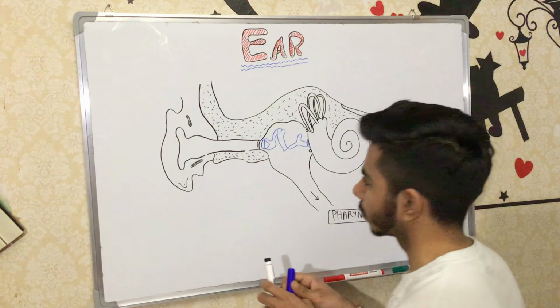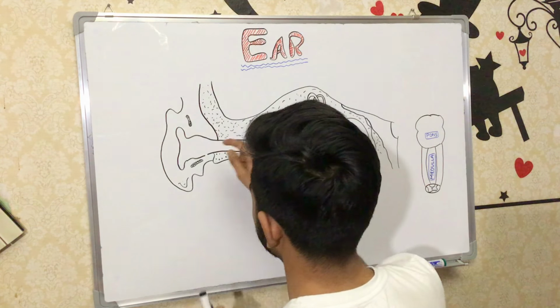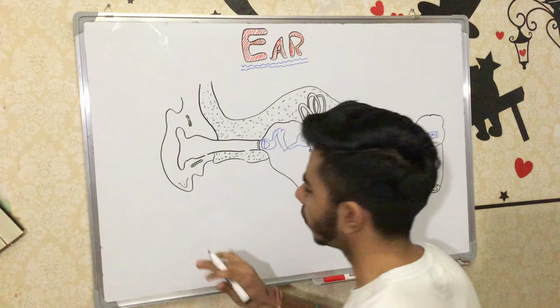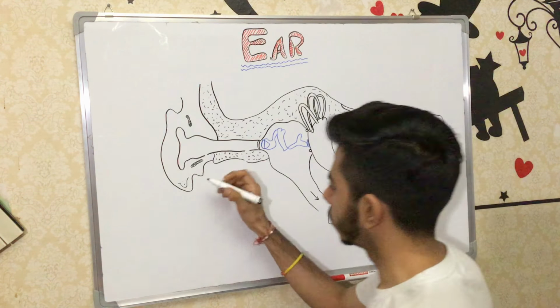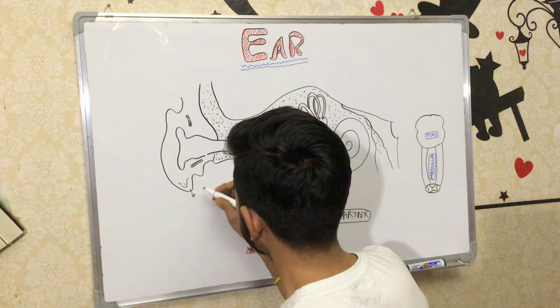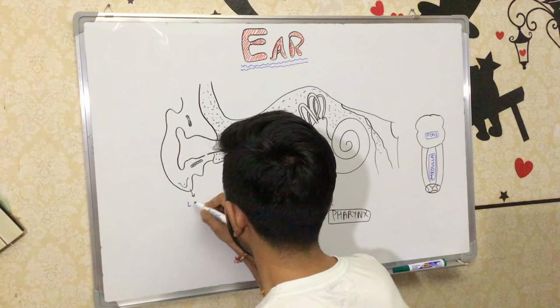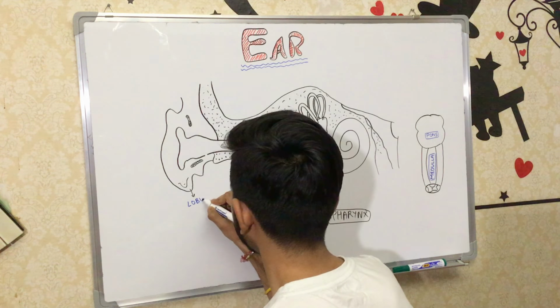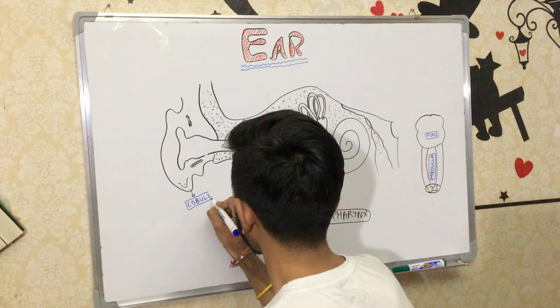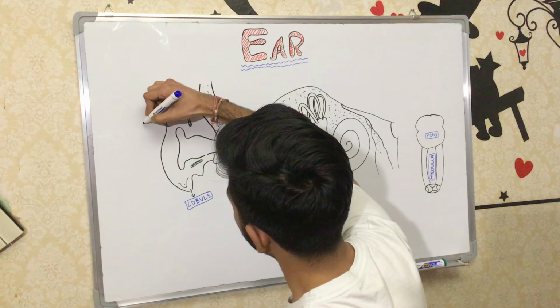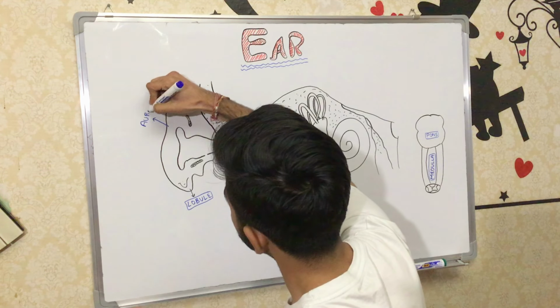This part is the lobule. Let's name them. This is the lobule. This is the auricle, also called the pinna.